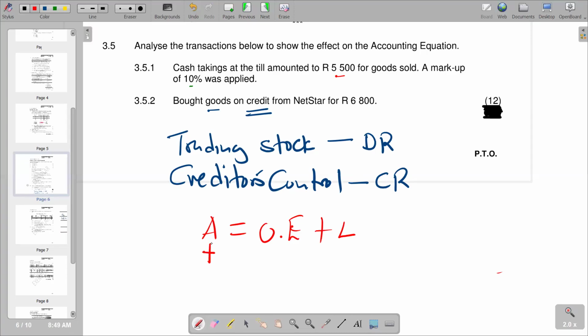Then the creditors control, remember it's a liability, and we are crediting, and liabilities we treat oppositely to assets. So when we credit a liability, it's a plus. So we are going to see again a plus here, and the amount that we have is 6,800. So this is what we are going to summarize in our answer section.